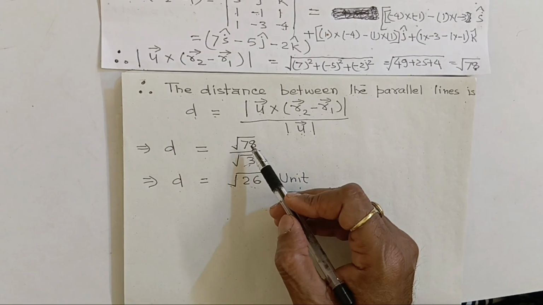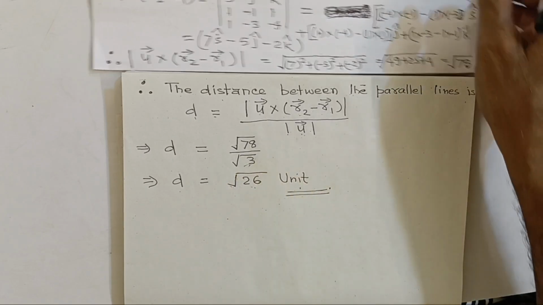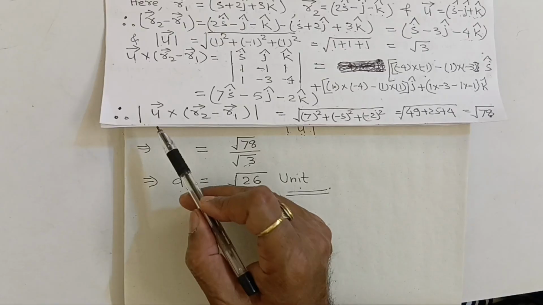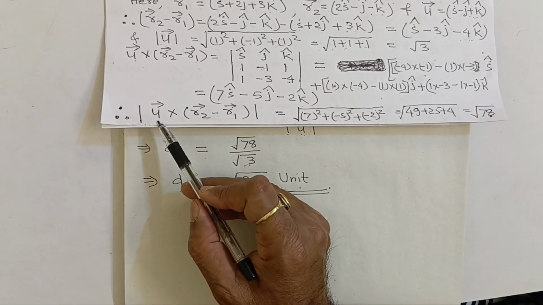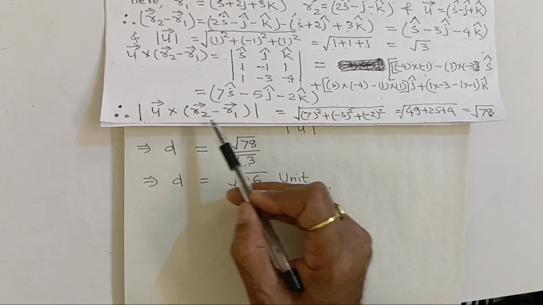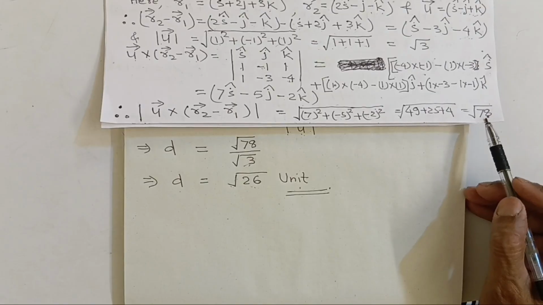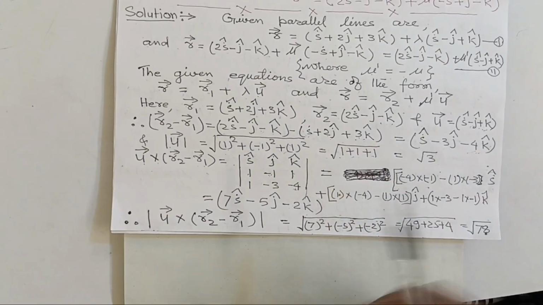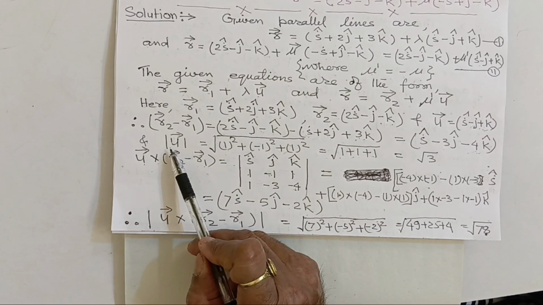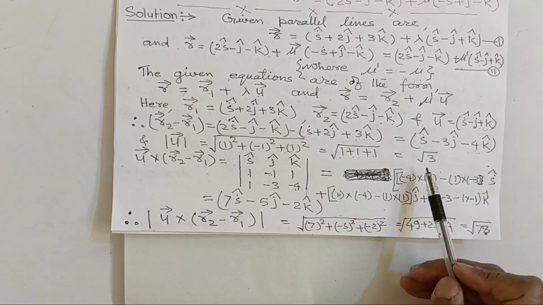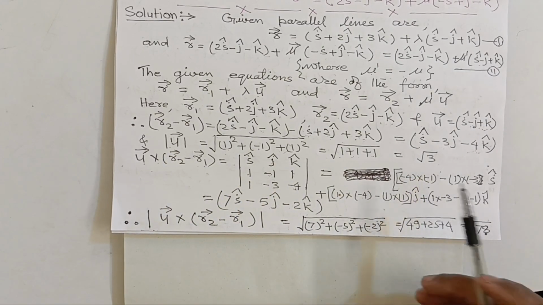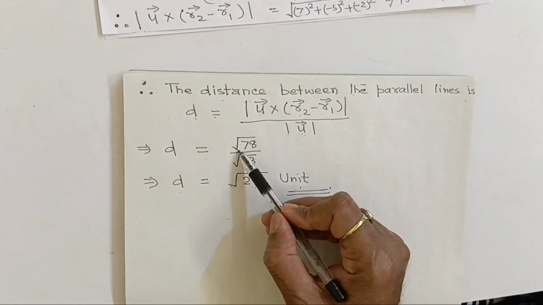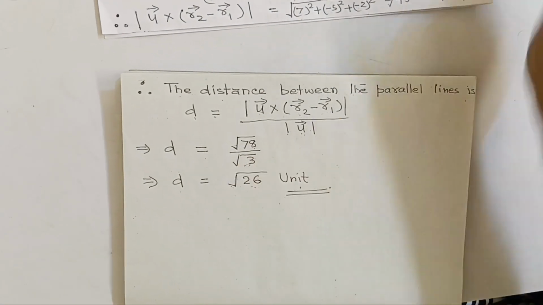Putting in the values, mod of u cross (r2 minus r1) is square root 78, and mod of vector u is square root 3.